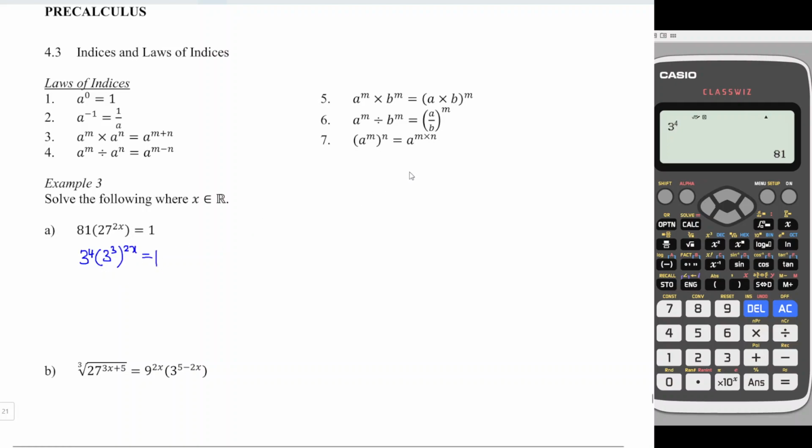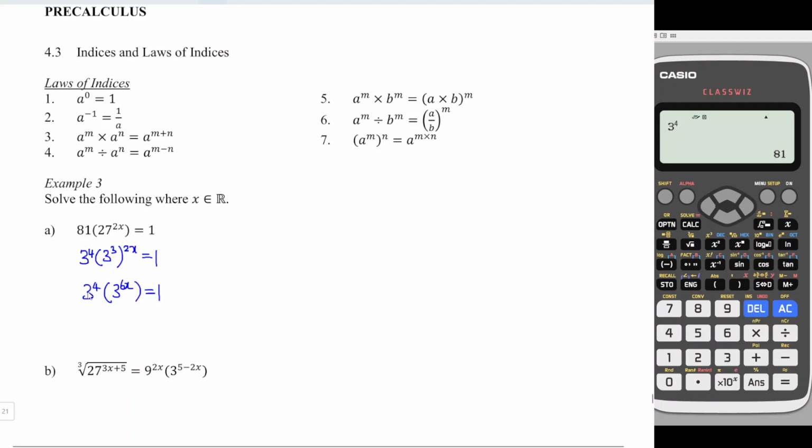Then we apply law number 7, a to the power of m to the power of n, power to the power, so it's equivalent to power multiplication. So we have 3 times 2, which is equal to 6x, equal to 1.